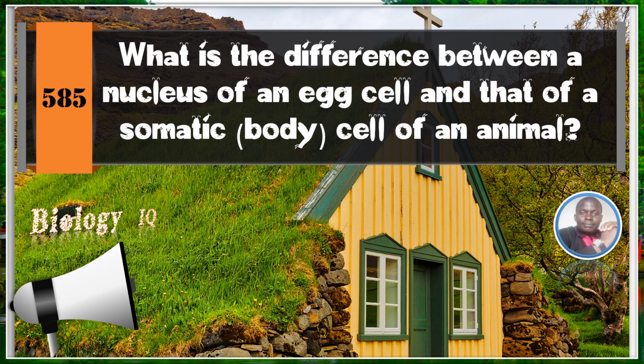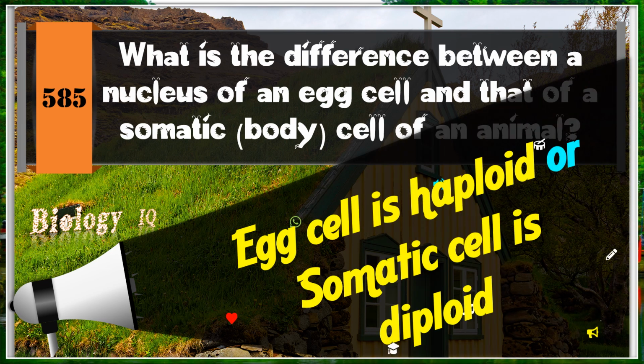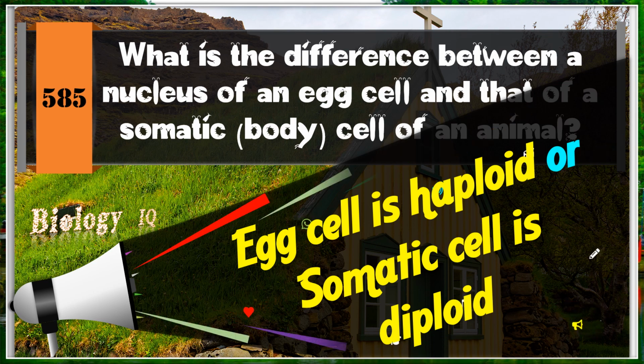What is a difference between a nucleus of an egg cell and that of a somatic (body) cell of an animal? Egg cell is haploid, and a somatic cell, or what we call the body cell, is diploid.